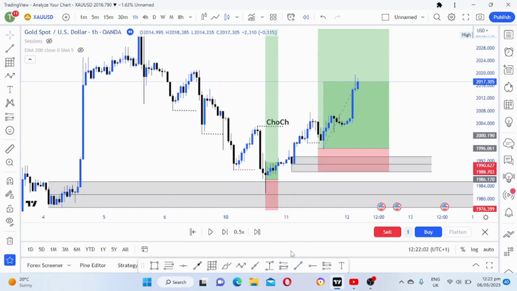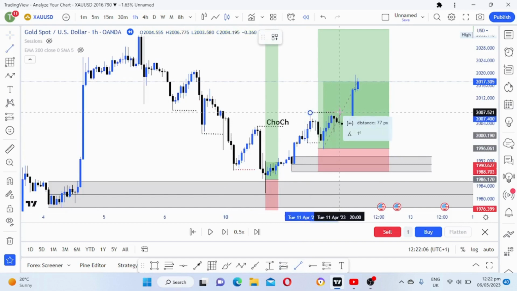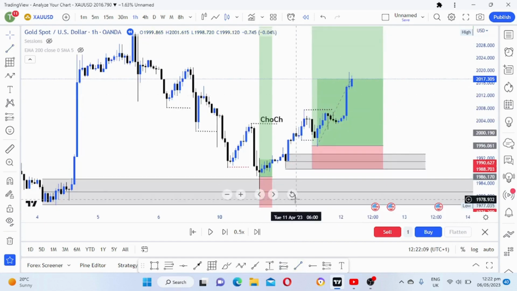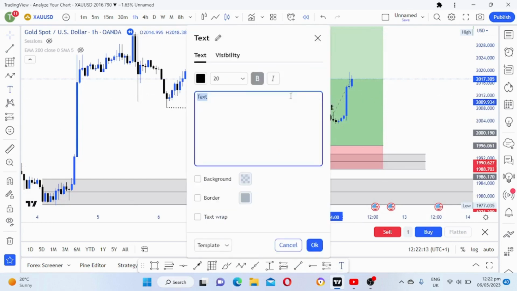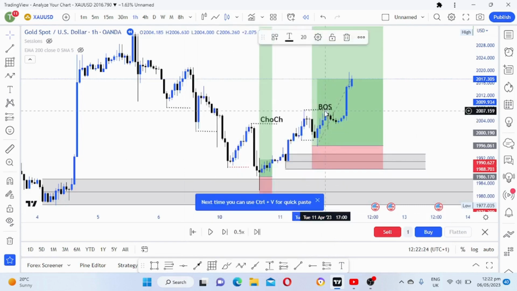There is a break of structure, guys, as you can see.